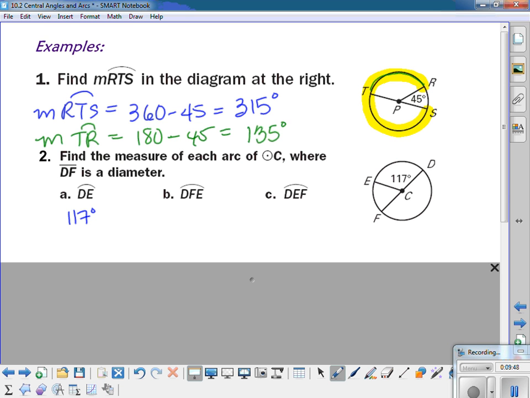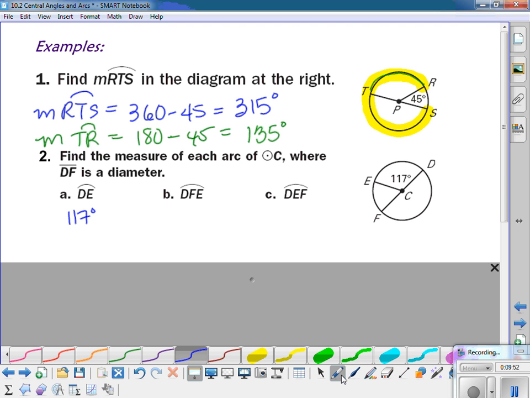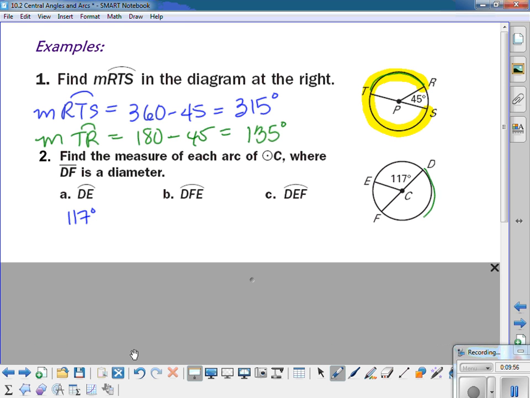All right, and then they want to know DFE. So that means I'm starting at D, I'm going through F and then to E. So it's that whole thing. How did you figure 243, Zach? Yep, 360 minus 117.